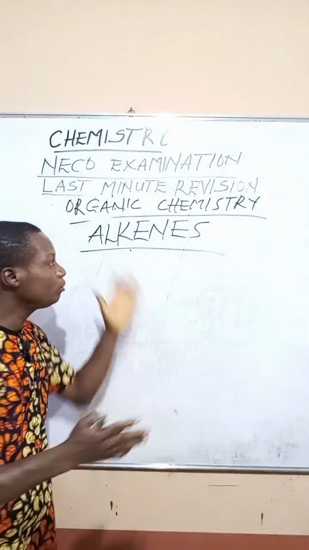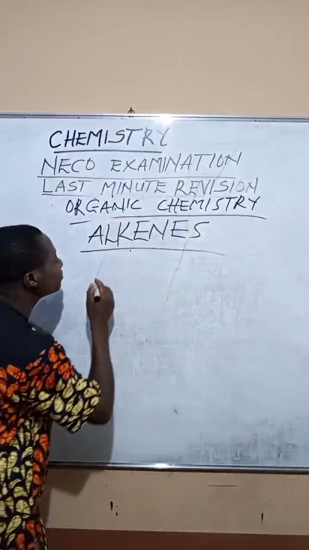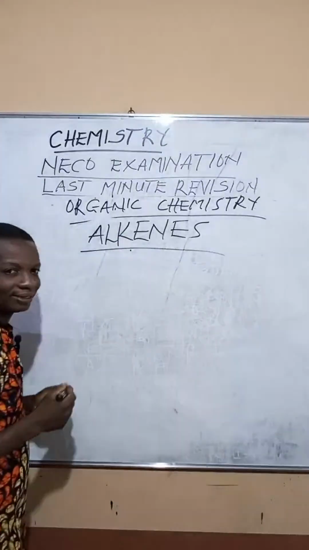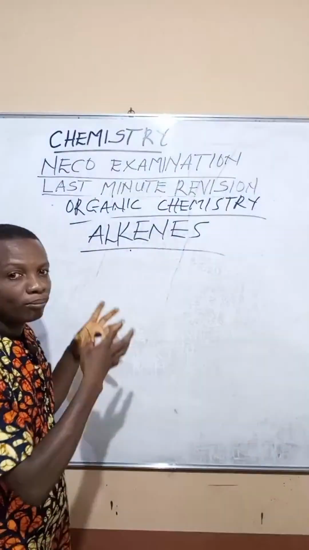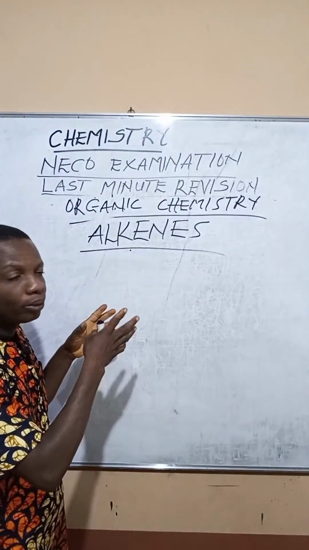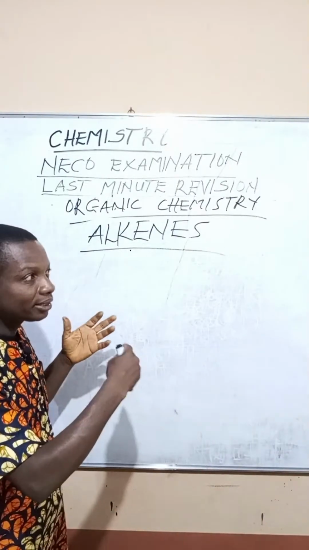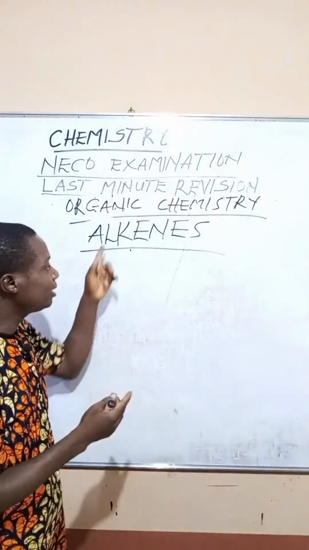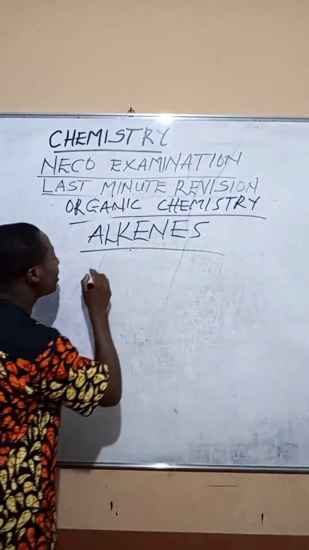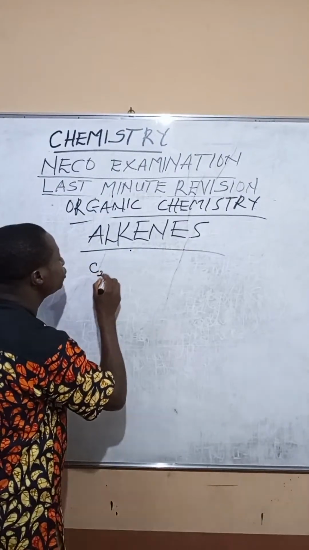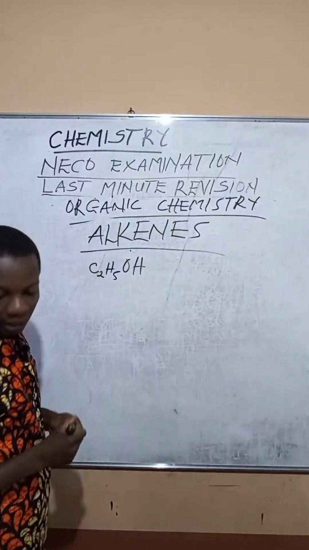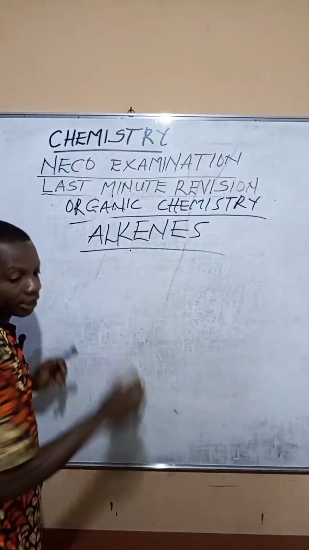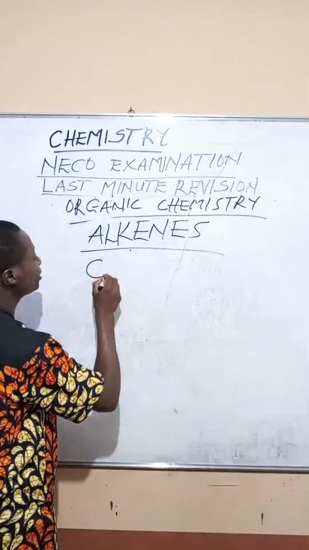Then what else? Method of preparation. How do you prepare this? Somebody will ask me, how do you prepare alkenes? Remember, to prepare alkanes, we combine sodium ethanoate with soda lime. But this one, we are going to combine alcohol, C2H5OH.